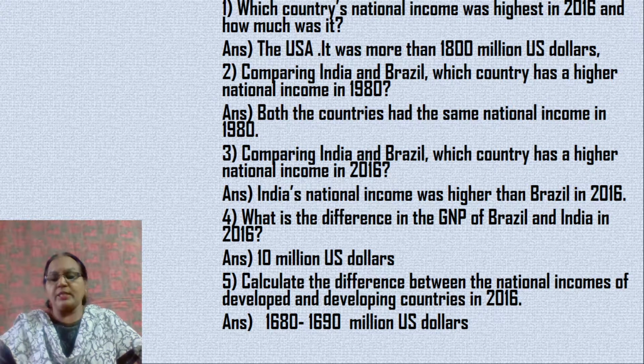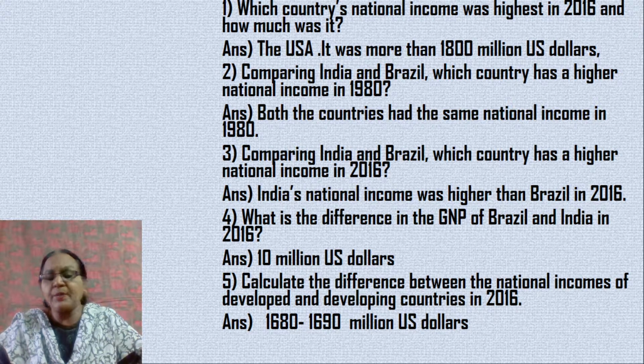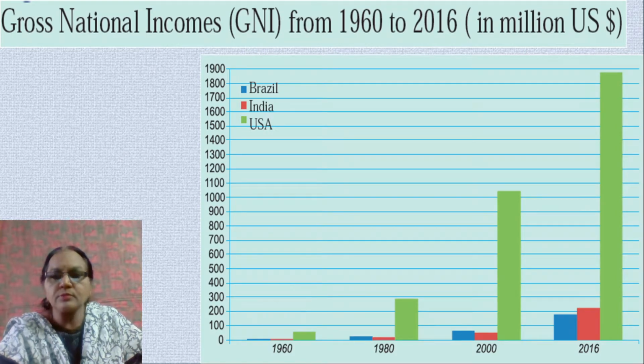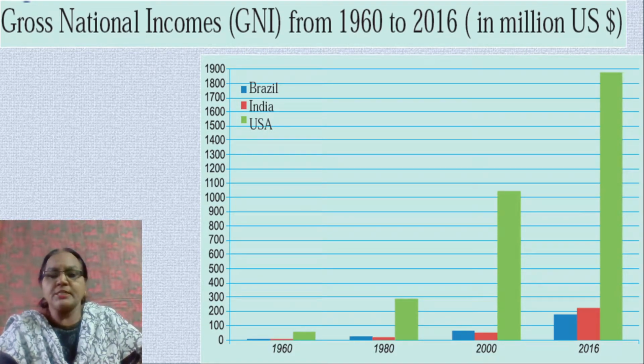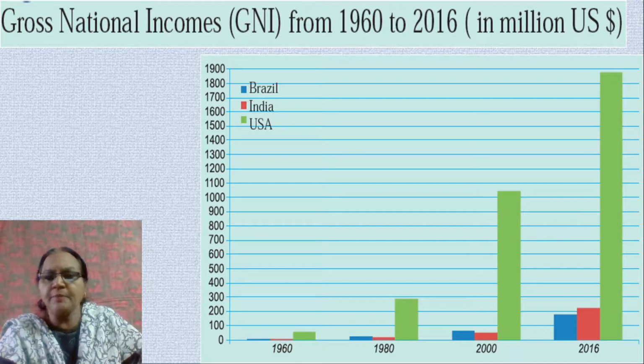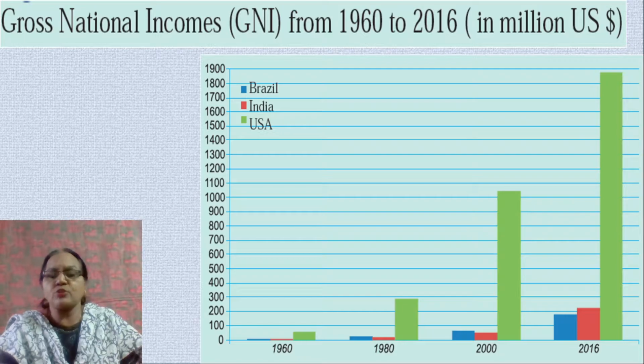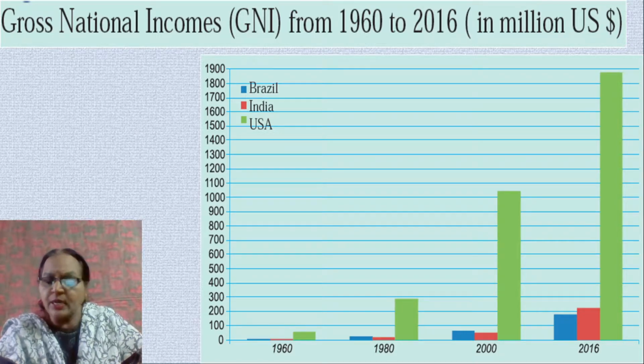Calculate the difference between the national incomes of developed and developing countries in 2016. Here the developed country is of course USA and developing countries are Brazil and India. First you'll have to take the difference between USA and India, and then you'll have to take the difference between USA and Brazil.